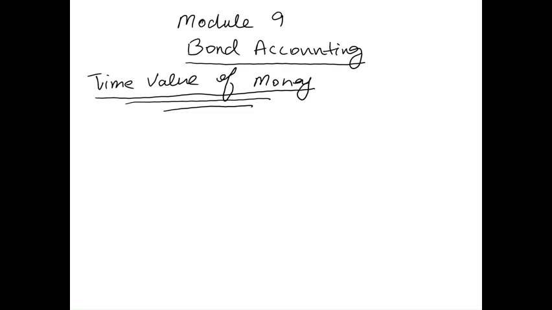Let's take an example. Let's say this is today. We'll say this is year 0. This is 1 year from today, so year 1. And this is 2 years from today, so year 2.